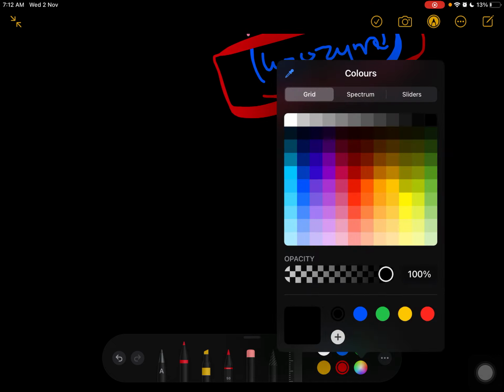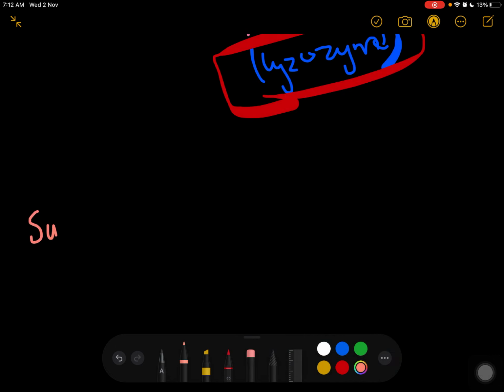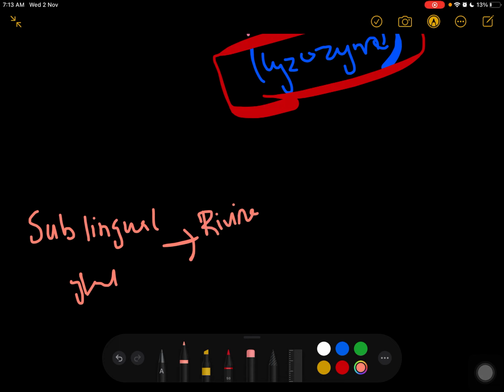Okay, we know that the sublingual gland has a duct known as the duct of Rivinus. Now, where does this duct of Rivinus open?